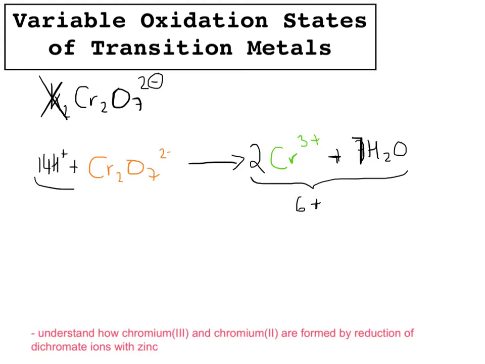On this side, there's an overall charge of 12+, because there are 14 pluses from the 14 H+, and there's a 2- charge from the dichromate ion, so that makes this 12+. So, to balance these two sides out, we can bring this 12+ down to 6+ by adding 6 electrons on the left-hand side. So on this side we'll also have 6 electrons.